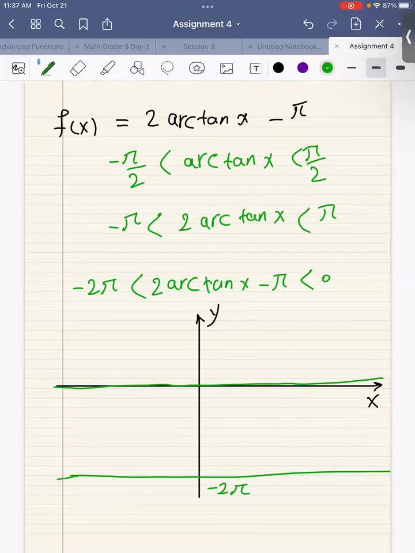What is the value at 0? 2 times arctan of 0 is just 0, minus pi is just minus pi. So at 0 it is minus pi, and it goes like this. Let me draw with another color.